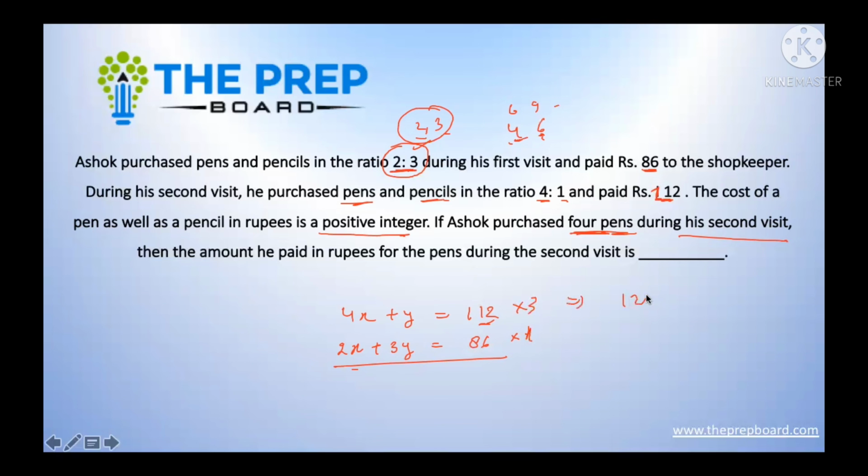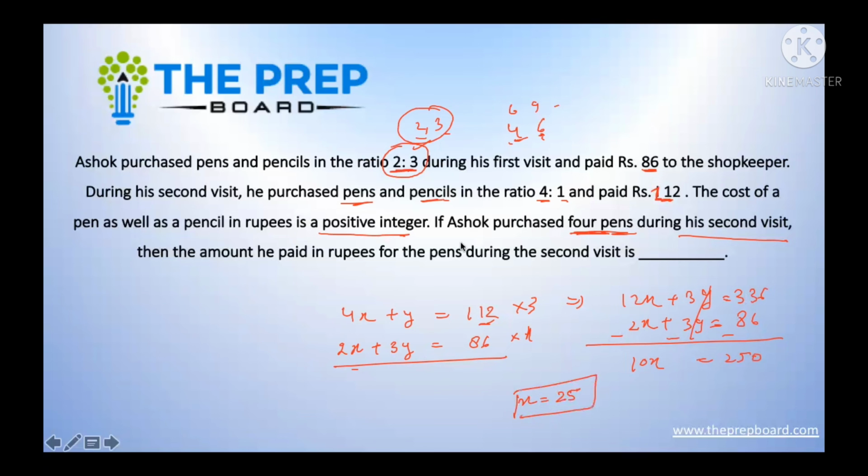Now we'll get 12x plus 3y equals 336. And from the second equation, we'll get 2x plus 3y equals 86. Now subtract the equations, we'll get 10x equals 250, or x equals 25.